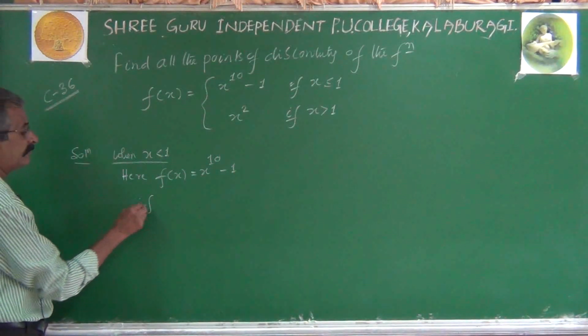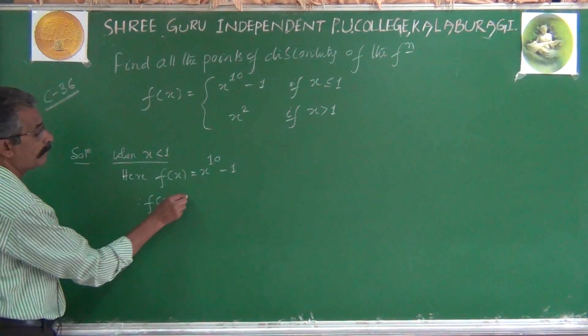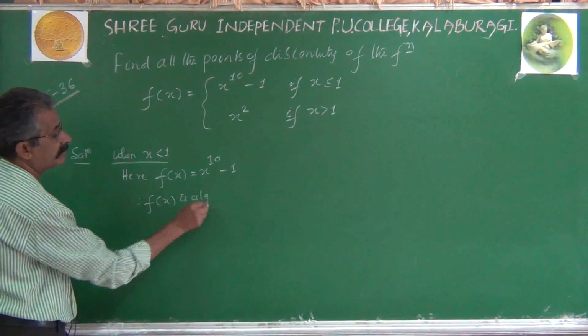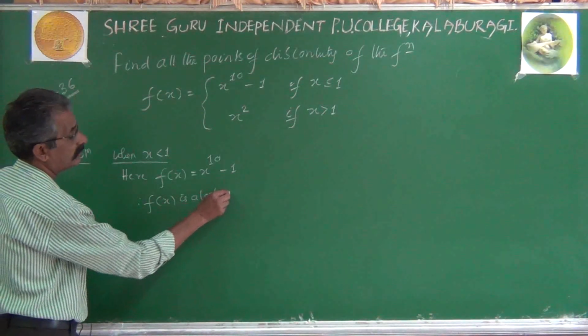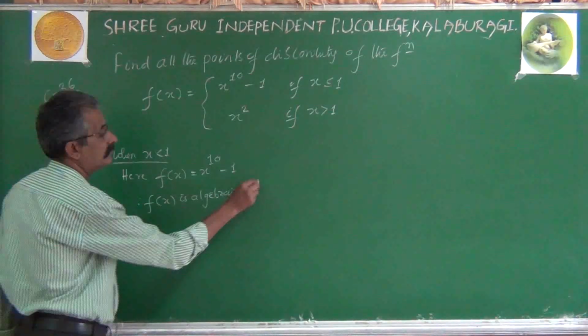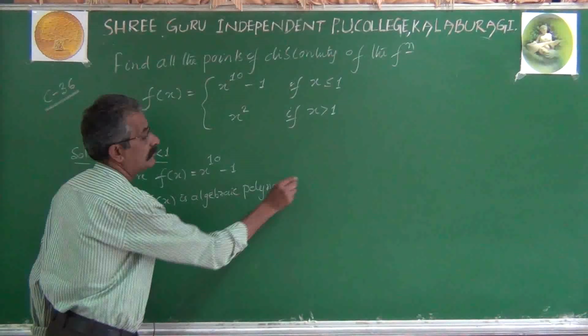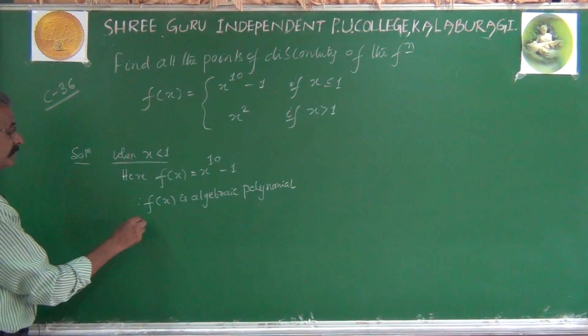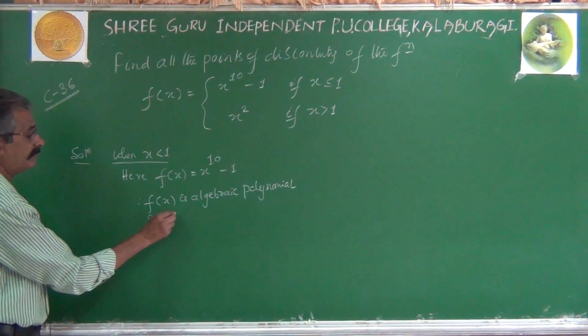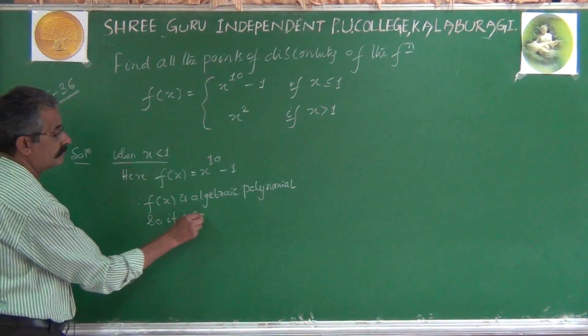Since f of x is an algebraic polynomial, it is continuous.